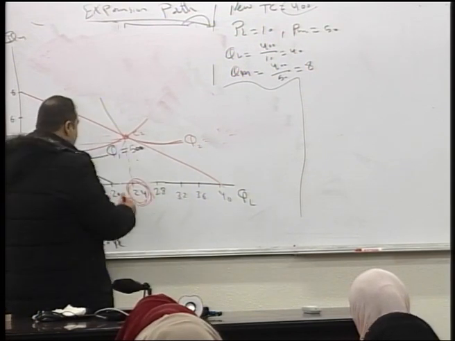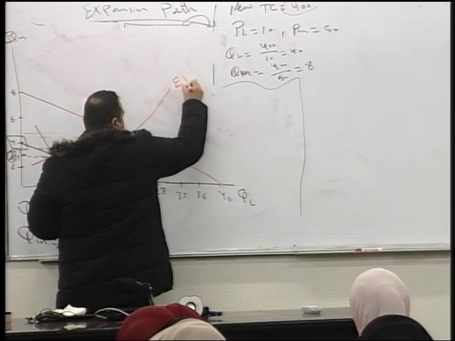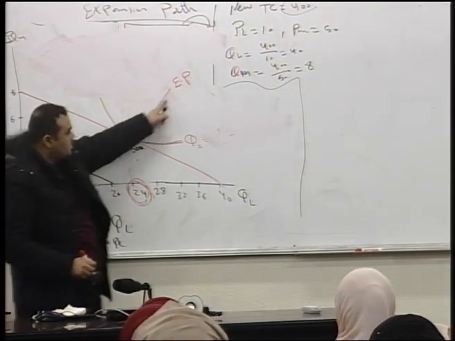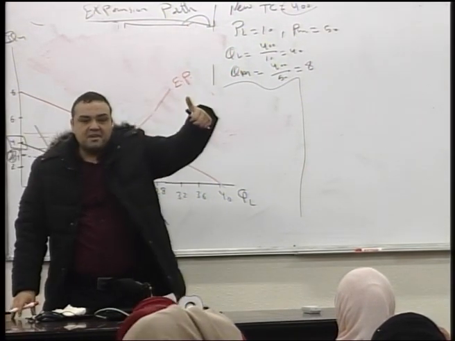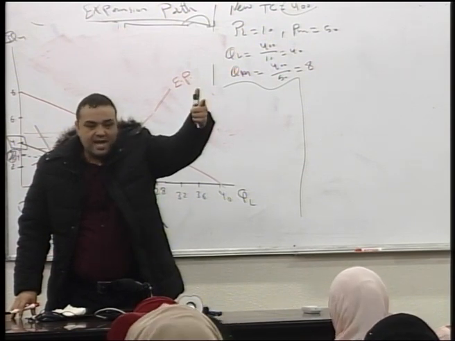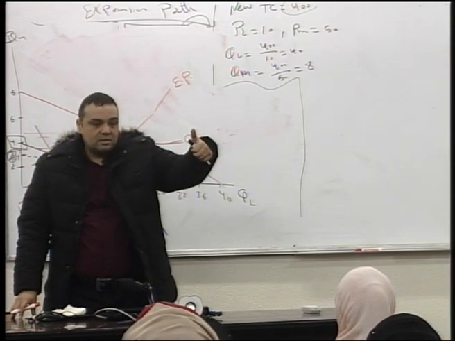The expansion path line here will be like this. If the increase in inputs is less than the increase in outputs, here we are talking about a good situation.